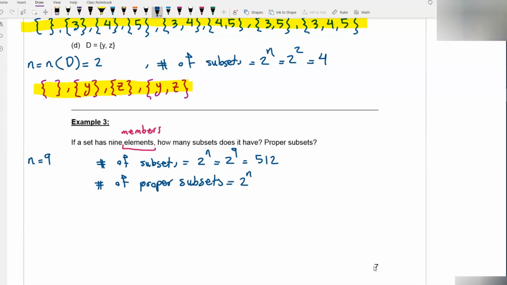Proper subset means our sets are not equal, and we use subtraction. So subtract 1 to find proper subsets. It's 2 to the 9 minus 1, which is 512 minus 1. The answer is 511.